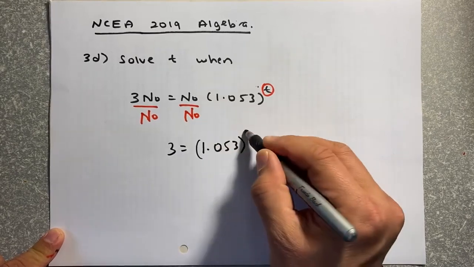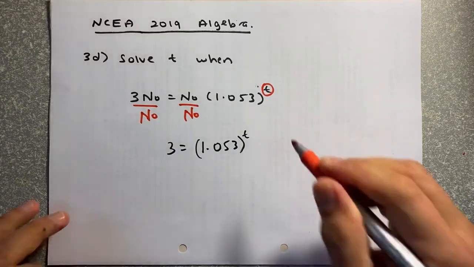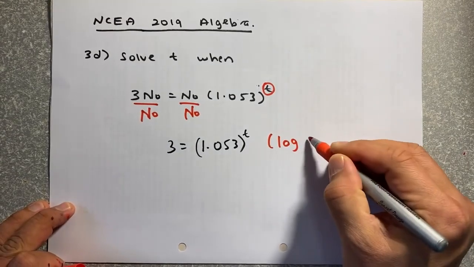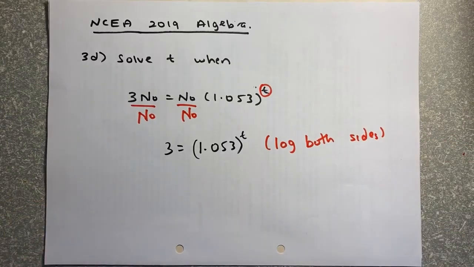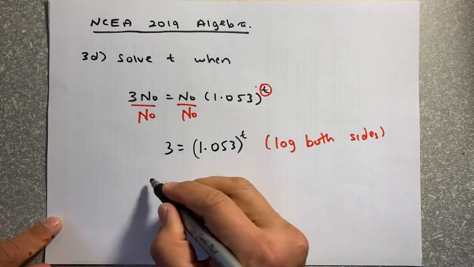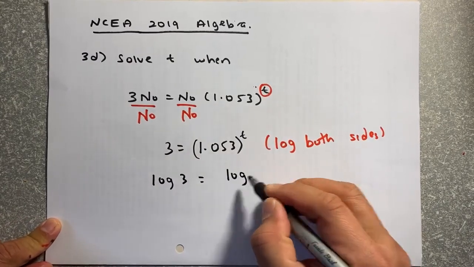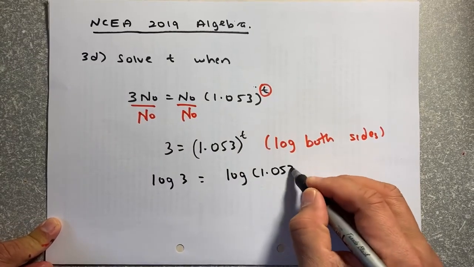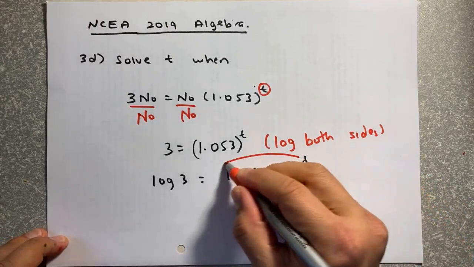1.053 to the power t. The next step you do, you are going to log both sides. Log to the base 10 both sides. So when you log both sides, it becomes log 3 equals log 1.053 to the power t. And then based on property number 3, the t can come down.